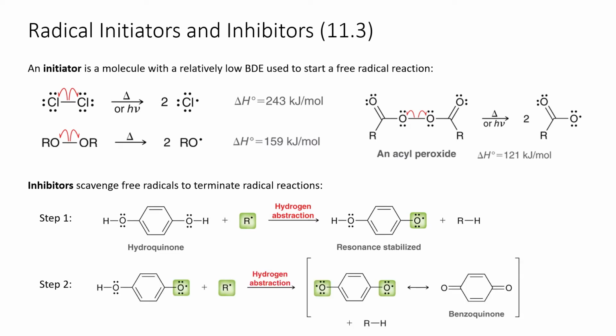Then step 2 begins, another hydrogen abstraction. And so what we have here is benzoquinone. So it actually stops this radical reaction. So the initiator actually begins a radical reaction, and then we have inhibitors, which actually terminate free radical reactions.